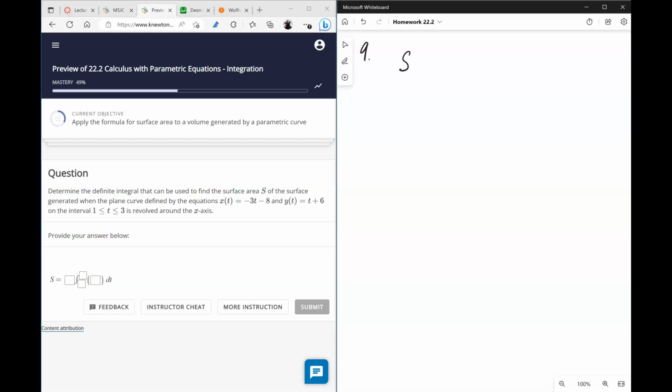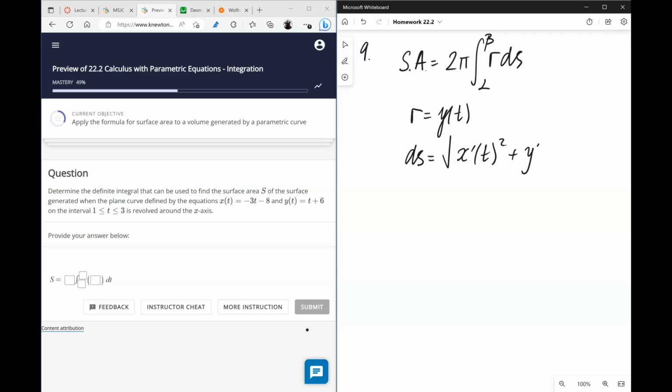And the formula for the surface area is 2 pi integral r ds from alpha to beta. And we're rotating around the x-axis, so r is y of t, and ds is, as always for parametric curves, this.